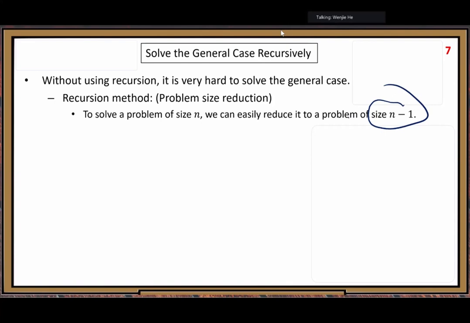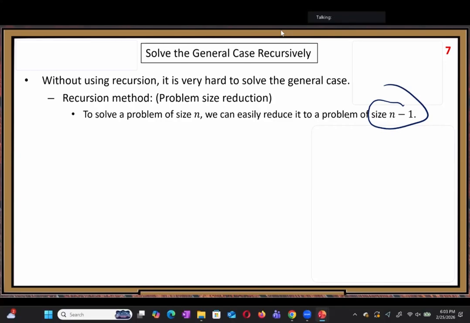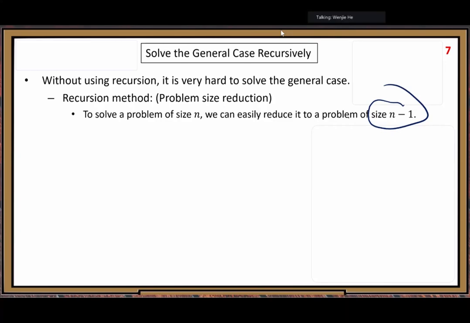When you make that assumption, you can greatly reduce the difficulty of the problem, because you only need to address the difference between two problem sizes. The amount of work you are going to do won't be too much, not that scary.